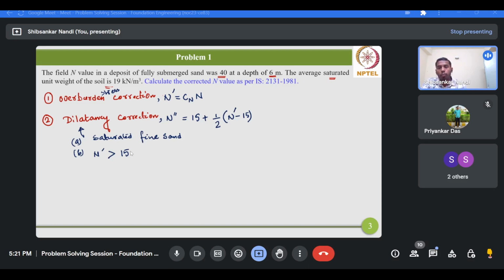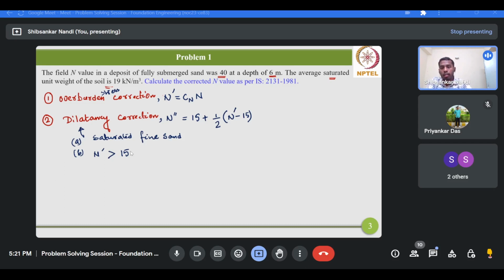Now what would be the behavior for rapid loading under these conditions? Rapid loading will give you an idea of undrained condition.